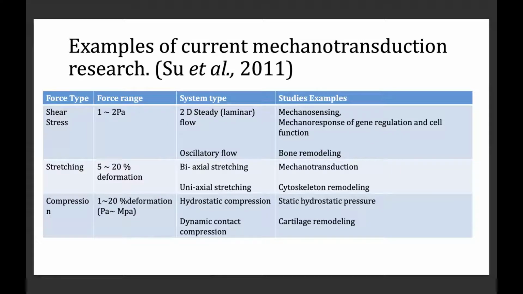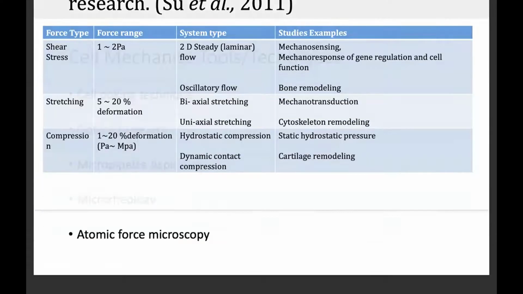An example of a cell you can stretch is truncated cells, especially cells of the muscles. When you stretch them, you'll be able to understand how they respond and the changes they can produce in the tissues or in the individual cells. And like I have on this table, you can consult the references there so that you can get the full details of these experiments. The next slide, please.